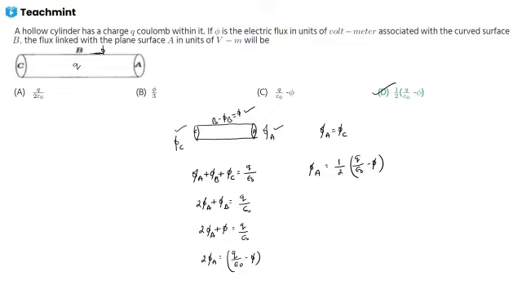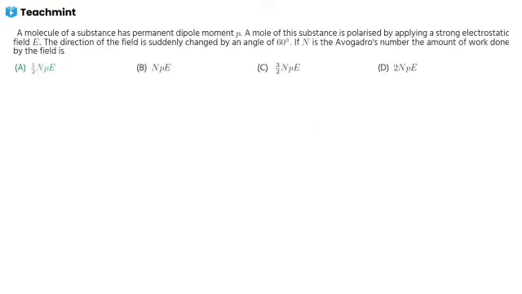Okay, let's move to the next question. A mole of a substance has a permanent dipole moment P. A mole of this substance is polarized by applying a strong electrostatic field E. The direction of the field is suddenly changed by an angle of 60 degree. If N is the Avogadro number, the amount of work done by the field is? Work done W is equal to PE into cos theta 1 minus cos theta 2.